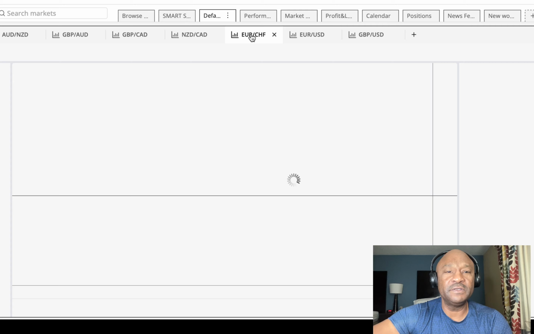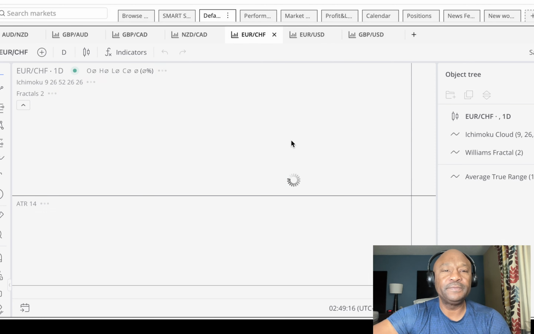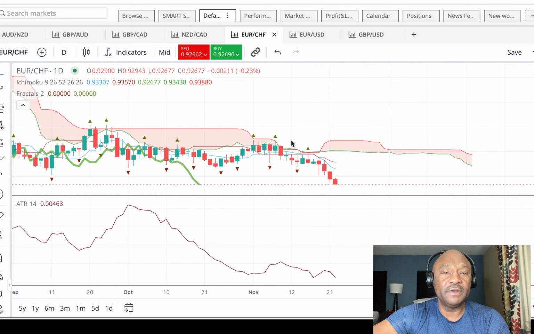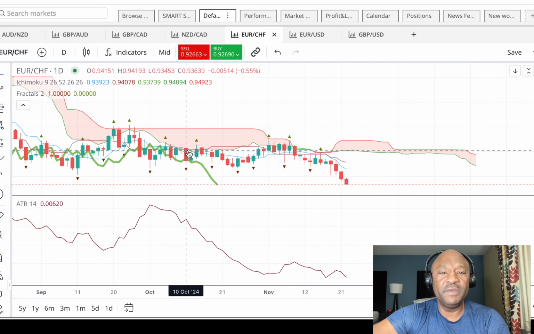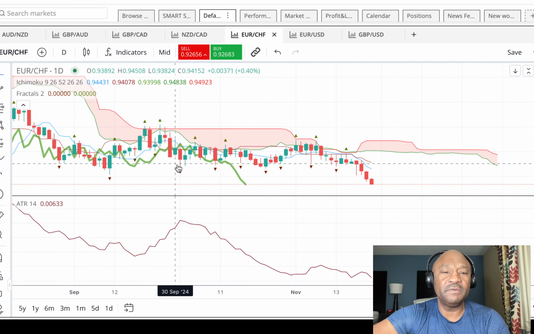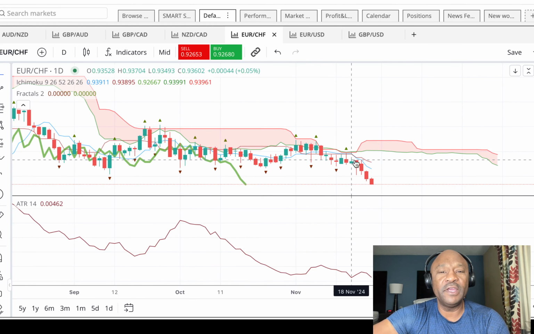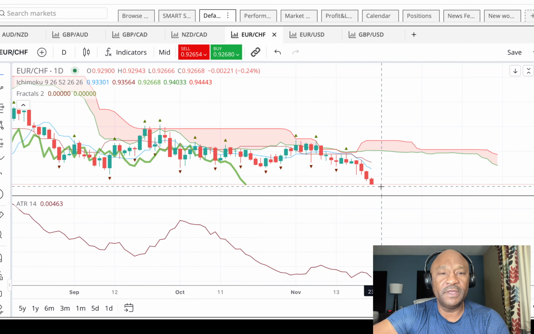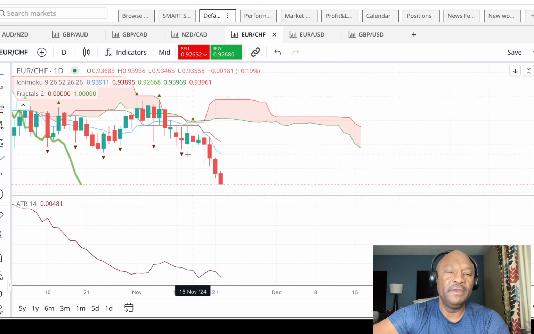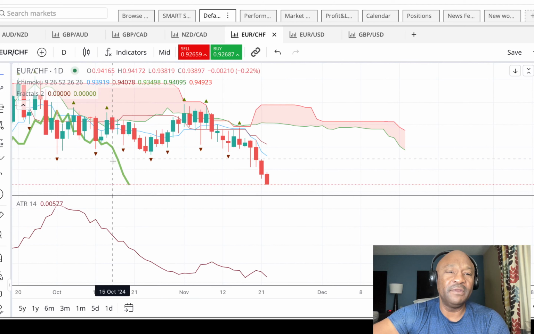Next up is the Euro Swiss franc. Euro still getting weak. Well, it's been flat for a while. This is what we call a trading range. It's been trading up and down in this range, but now it's broken that range. It is going down. You got your lagging span beneath the price action.